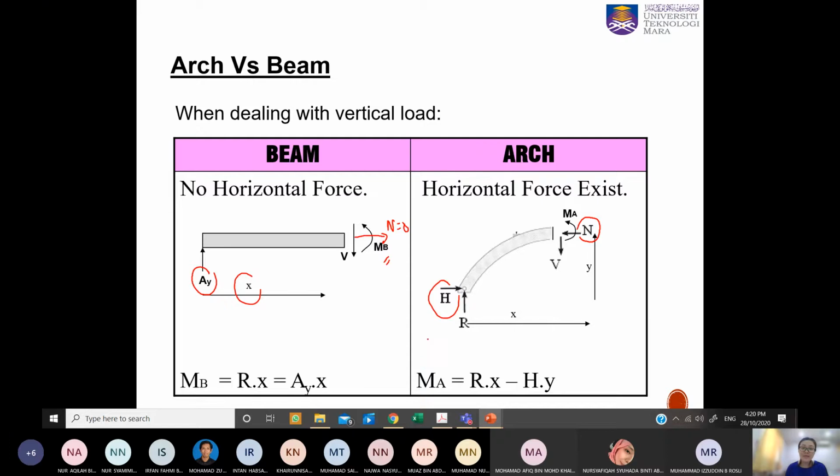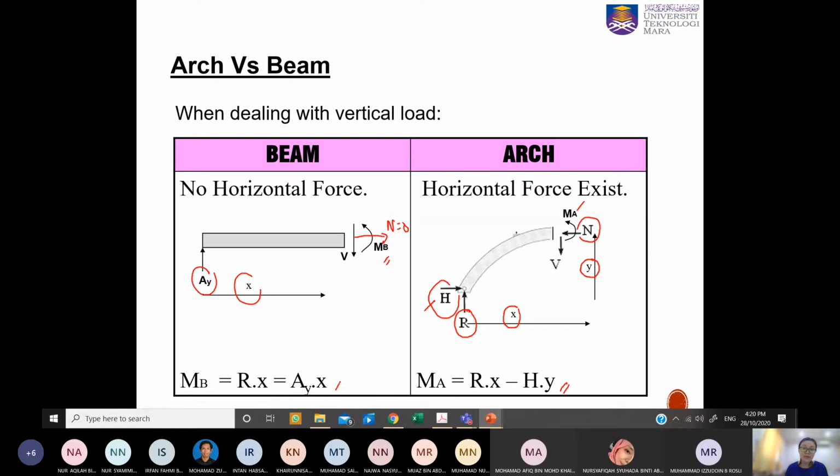So to get the M_A of internal force of the cut sections, we will need to multiply the R, which is this vertical support reaction, with the perpendicular distance, which is the X, and this horizontal reaction, H, with the perpendicular distance we refer to here now, which is Y. So you will get the M_A.